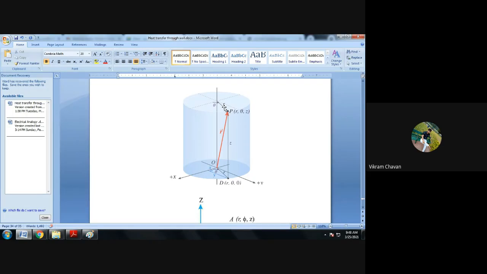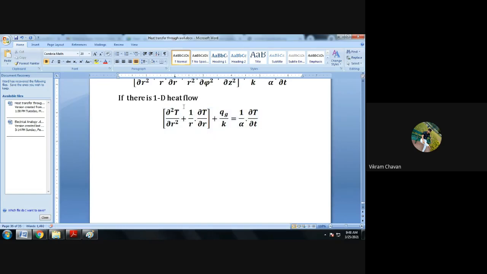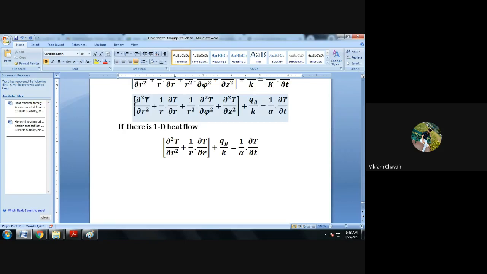Okay, getting everyone? So here for the one dimensional heat flow in a cylinder, we have to remove the other two coordinates and keep only the r coordinate. So there will be a temperature change with respect to r only.